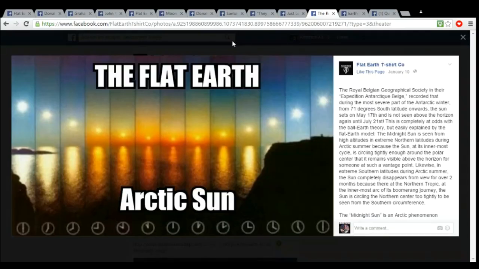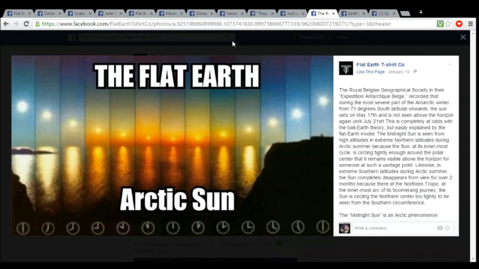The midnight sun is seen from high latitudes and extreme north latitudes during Arctic summer because the sun, at its innermost cycle, is circling tightly enough around the polar center that it remains visible above the horizon for someone at such a vantage point.